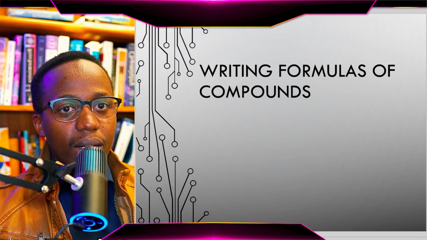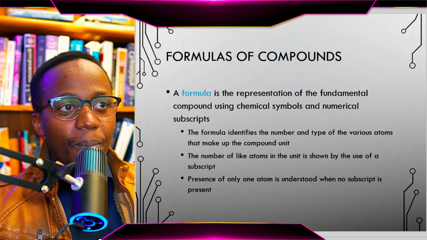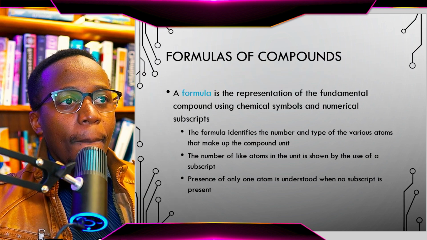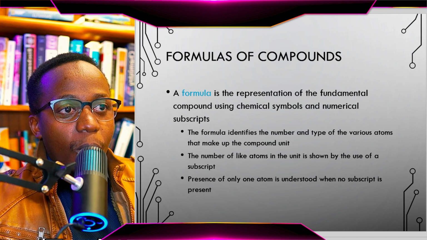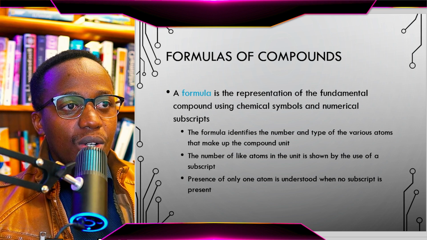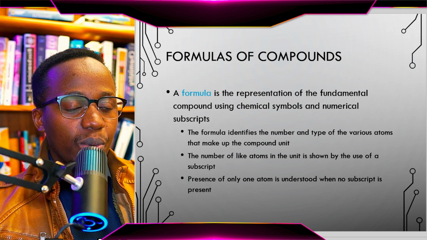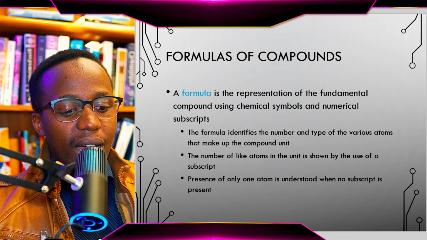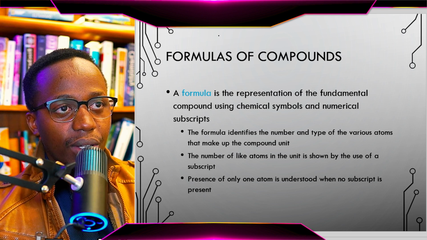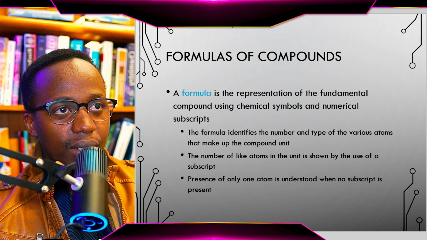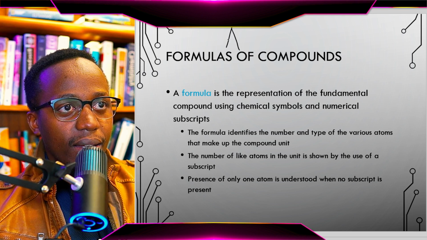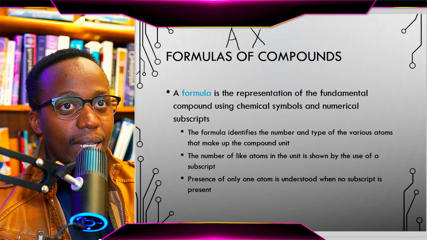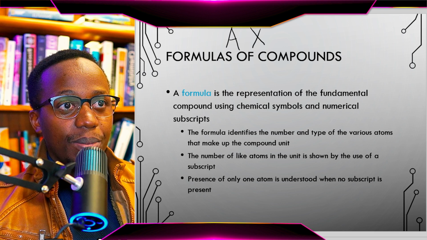How do we do that? So usually a formula is a representation of a fundamental compound, and we use chemical symbols and numerical subscripts. What does that mean? It means that, for example, I'm just going to give you a general idea. So if I have AX as a compound, and then the subscripts.